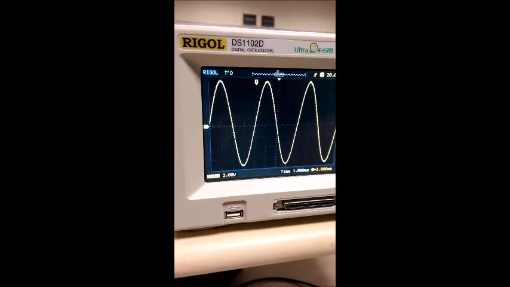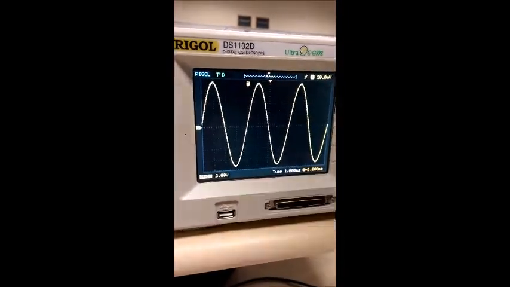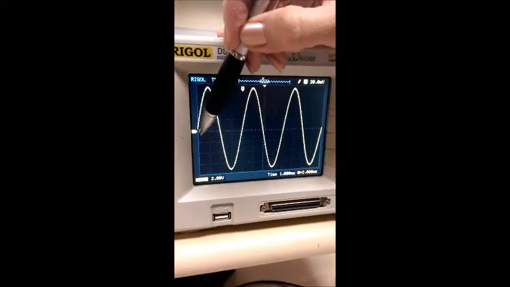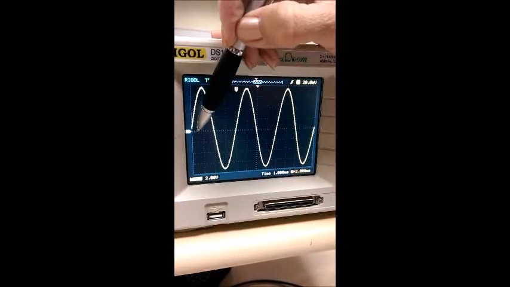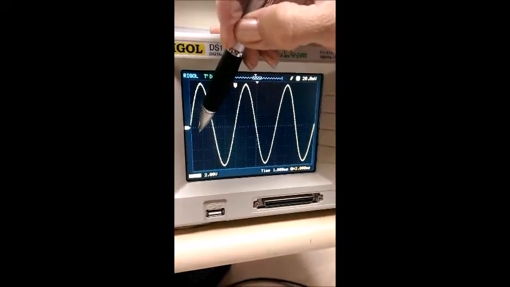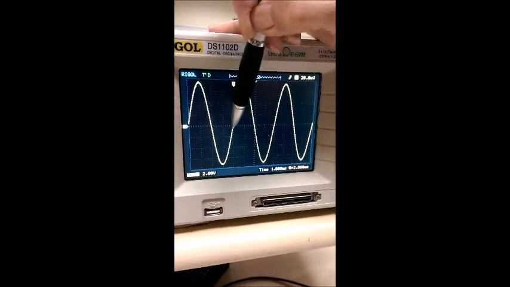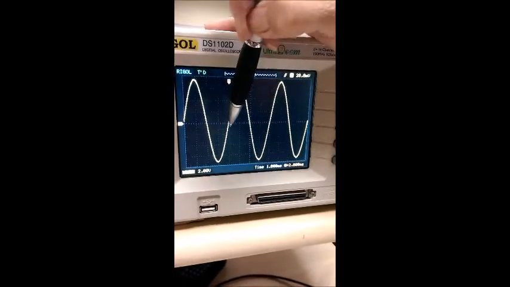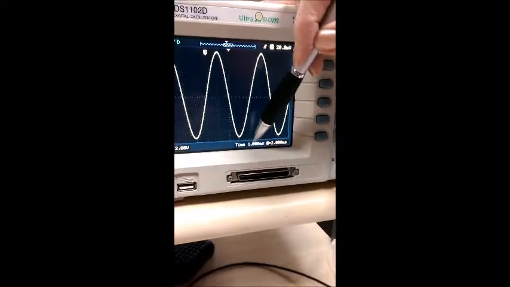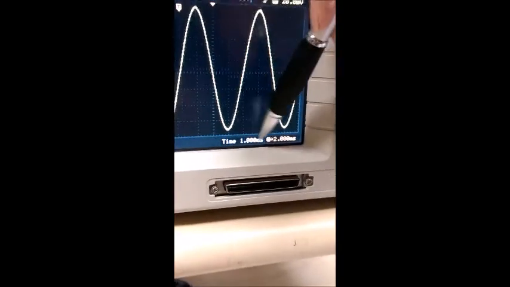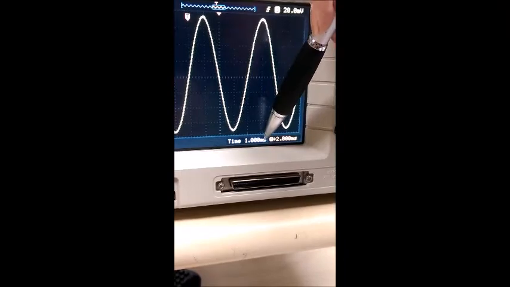Now we will be measuring the time. The time is taken in divisions going horizontally. So you'll see to make one cycle, we have 1, 2, 3, 4 divisions. 4 divisions times the amount of time that it took to complete one cycle, which is 1 millisecond.